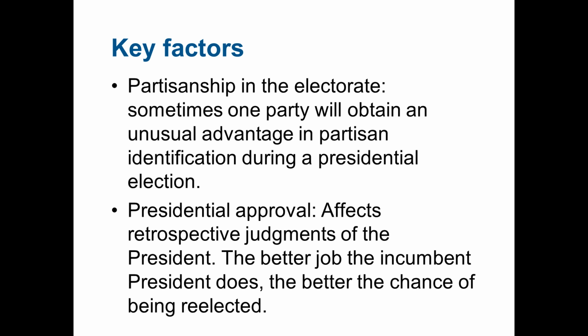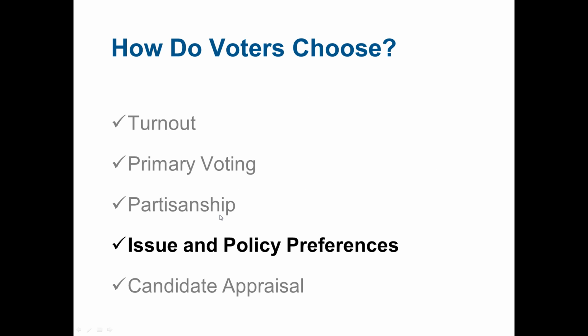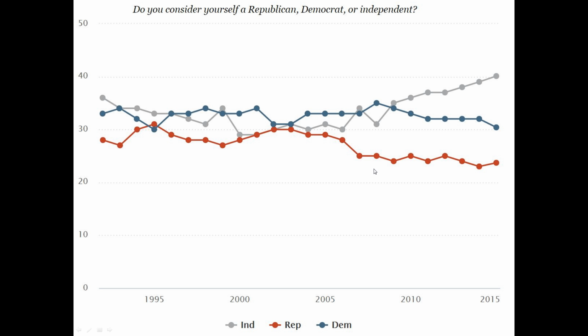We can go back to this chart that we showed earlier, and this is sometimes the case that it helps. For instance, here's the 2008 election, which seems to be the highest advantage for the Democrats as compared to the Republicans, somewhere around 8, 9, 10 points.